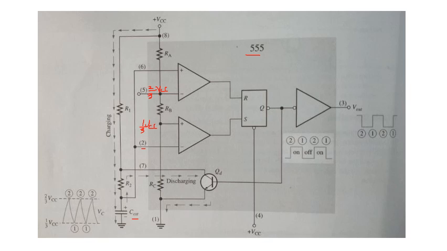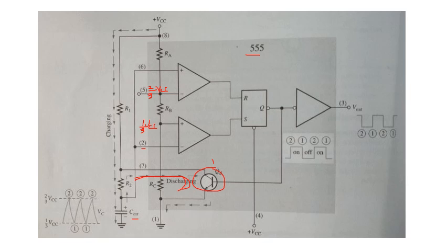Initially, the transistor QD is off so that there won't be any discharge. This transistor is off, so there is no path from here. It is an open circuit. QD is open circuit over here, so there is no path.